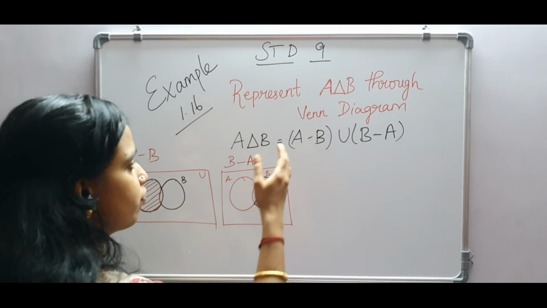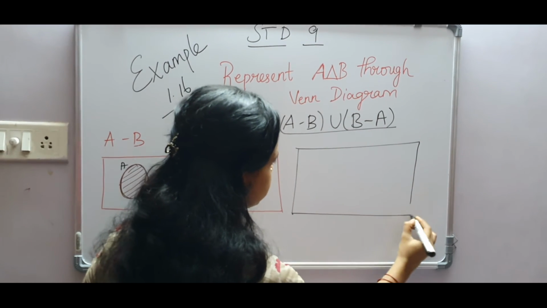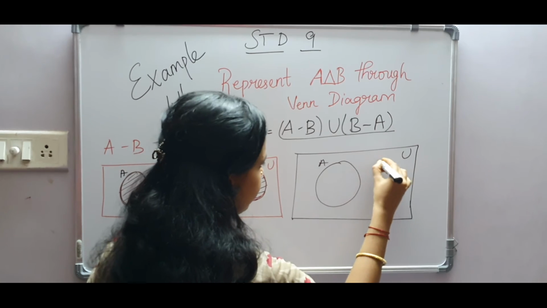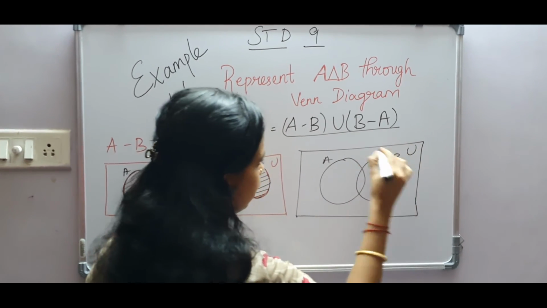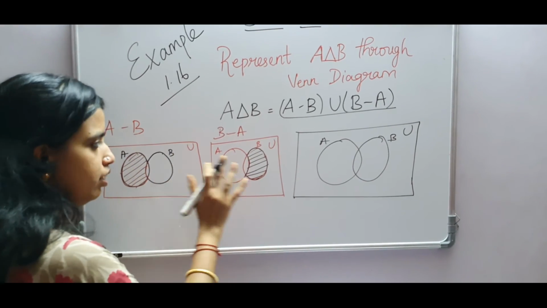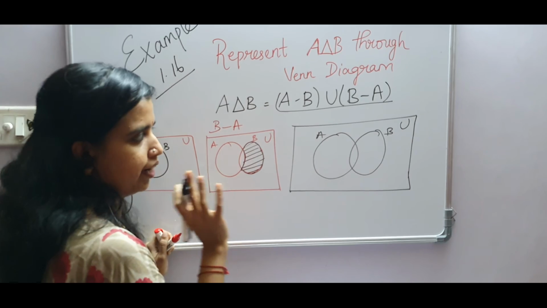Now the final part. Just draw a universal set, and again A is this set and B is this set. Just shade the region. Whatever you shaded here, only that region should be shaded here.